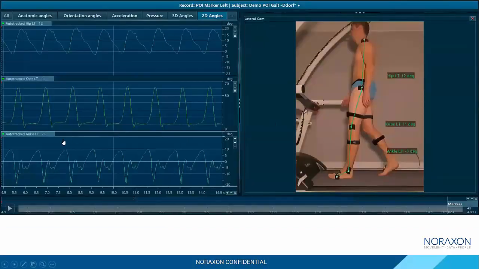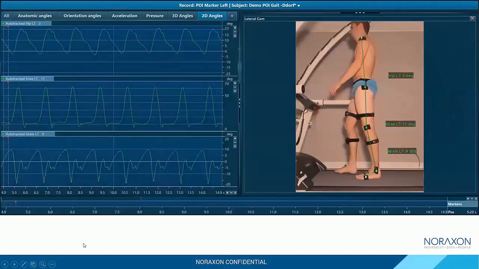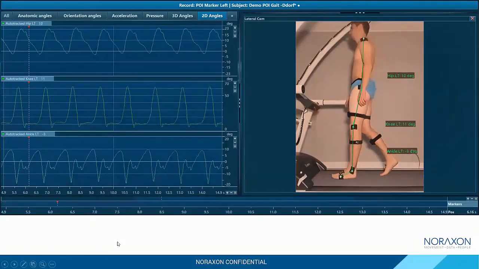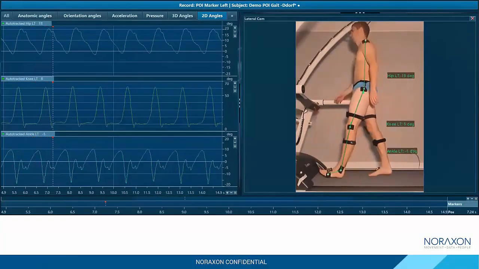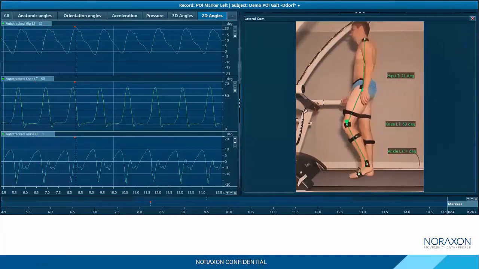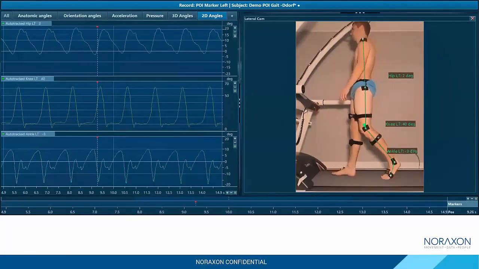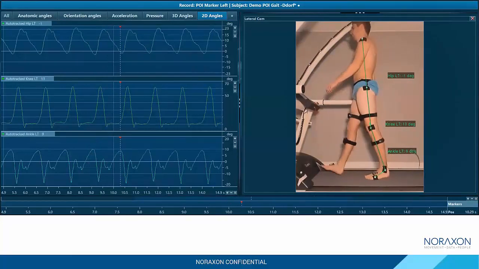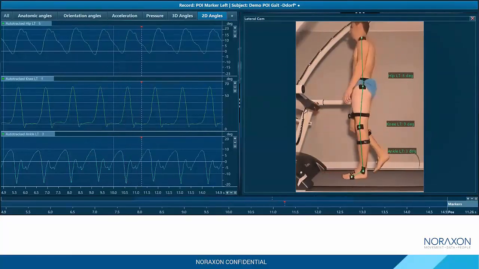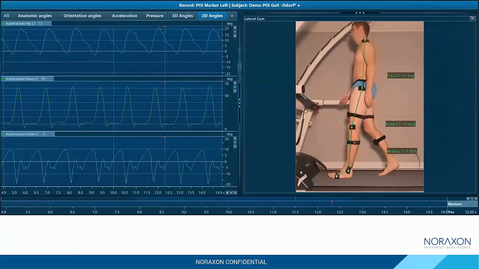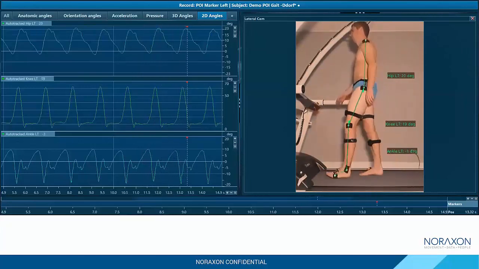Now, let's take a look at a couple of examples here. I know we've got roughly 10 minutes, and I do want to have some opportunity for questions. But if we look at an example of an individual walking, we can see that we're just capturing these sagittal plane kinematics. We've got the markers that are being tracked. What that provides to us is hip flexion, knee flexion, and ankle dorsiflexion.